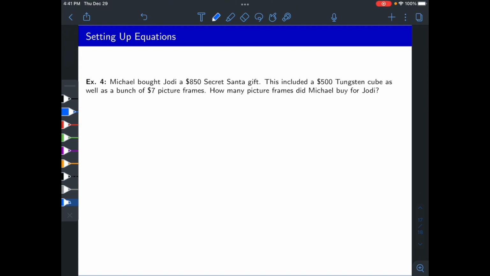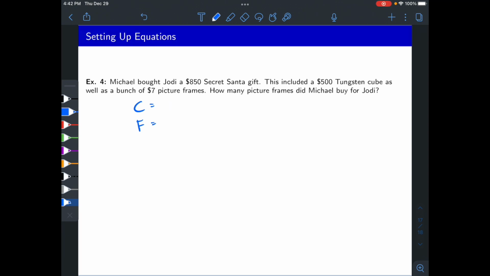All right, we're going to set up an equation. We need to do a couple of things. The first thing that we need to do is set up some variables here. So the two variables in this equation are going to be C, the cost, like how much Michael paid for Jody's gift, and F, the number of picture frames that he bought.